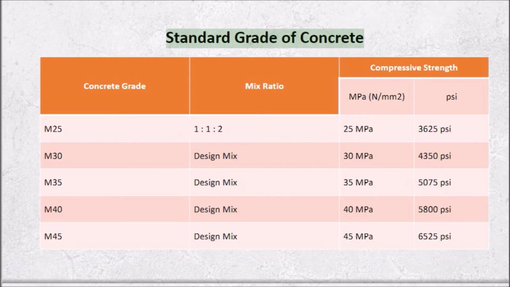Standard grade of concrete: concrete grade, mix ratio, compressive strength in MPa, N/mm2, and psi. M25, 1:1:2, 25 MPa, 3625 psi. M30, design mix, 30 MPa, 4350 psi.